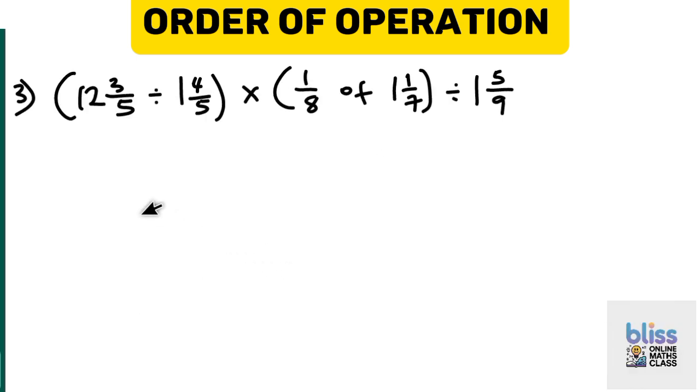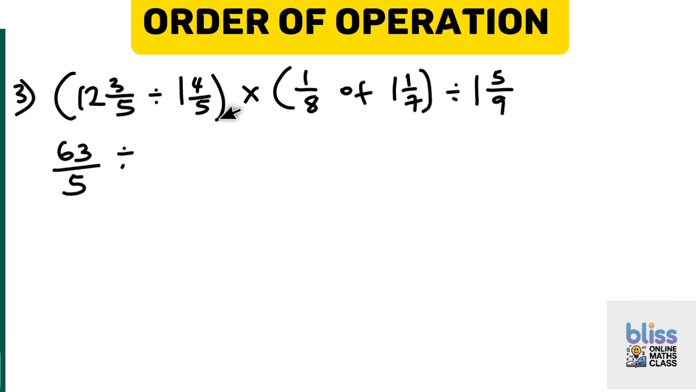And finally, we have this in brackets multiplied by this in brackets divided by 1 whole number 5 over 9. So I told you we have to open our brackets. Now we have to change this mixed fraction to an improper fraction. To do that, this will be equal to 5 times 12 is 60. 60 plus 3 is 63 over 5.